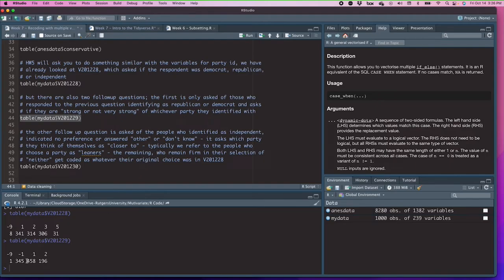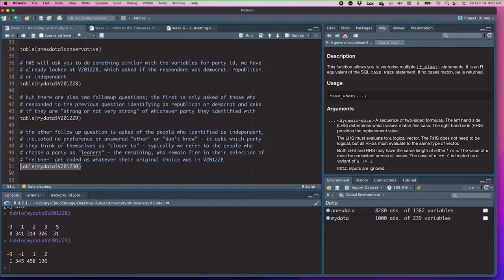And then now we've got, here again, I don't remember which is which, but let's just say 1 is not very strong and 2 is strong. So we've got this many out of the people who said Republican or Democrat that said they're either strong or not very strong Republican or not very strong Democrat.